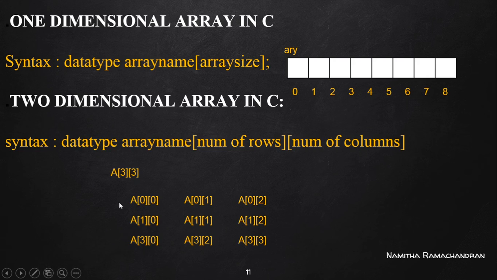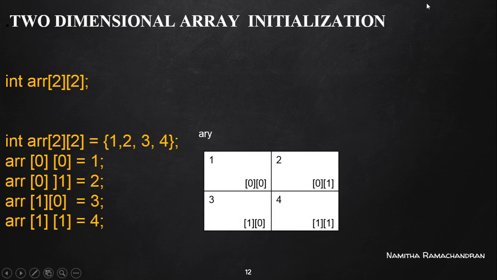That means here we have three different rows and three different columns. This is the syntax of declaration of a two-dimensional array: data type, then name of the array, first the number of rows present, then the number of columns present. Okay, so now how to initialize a two-dimensional array.